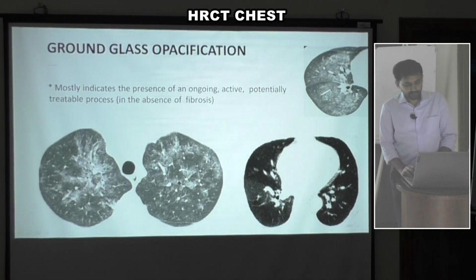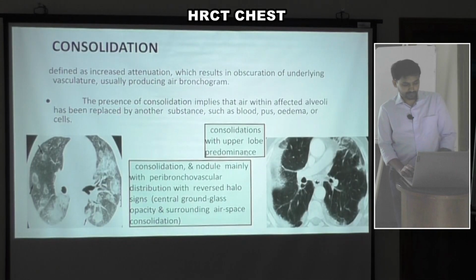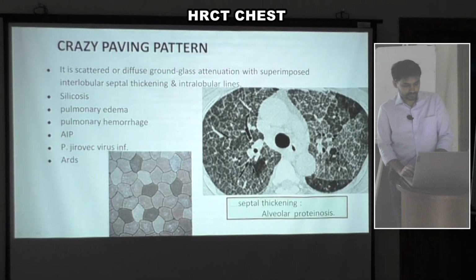If you are able to see some blackness or vessels under these patches, that is ground glass opacification. If you are unable to see the underlying vascular markings and it is completely white, that is consolidation. So this is how consolidation looks, and that is how ground glass opacities look.